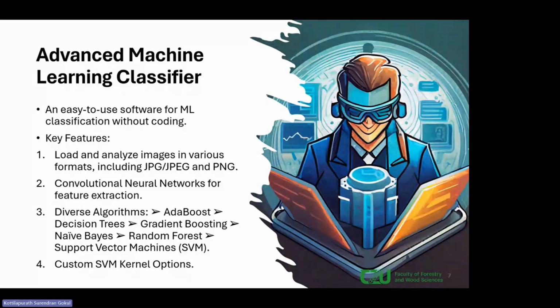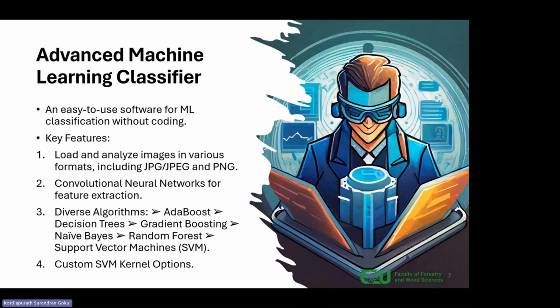Just a small demo. The first feature is that you can load image formats such as JPG or PNG. I told you that these two software initially incorporate digital image processing, so we are only dealing with digital images.